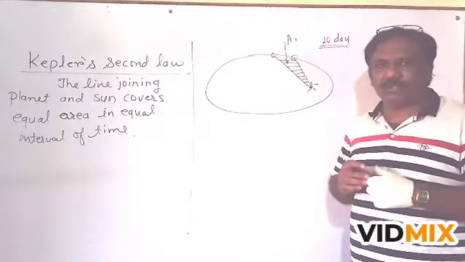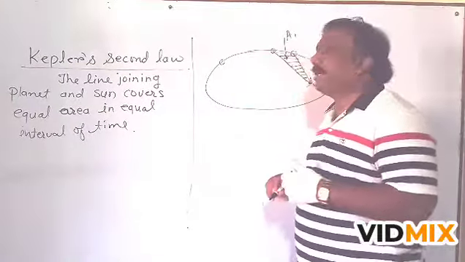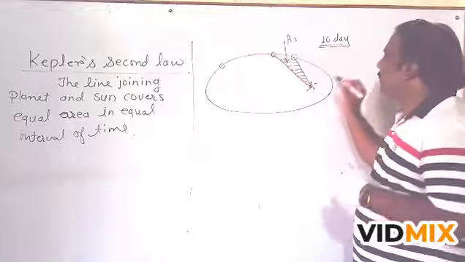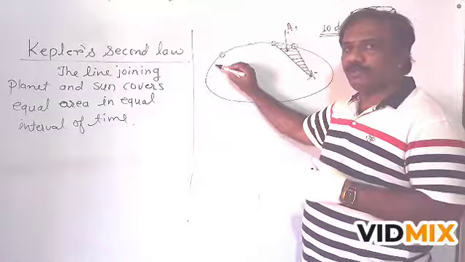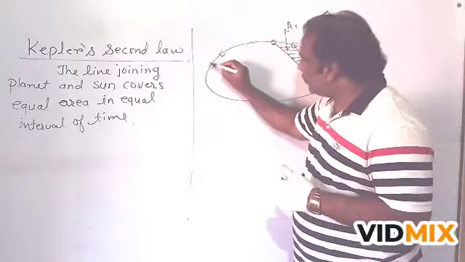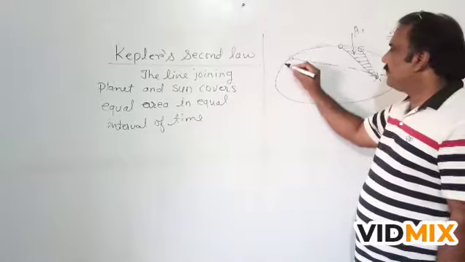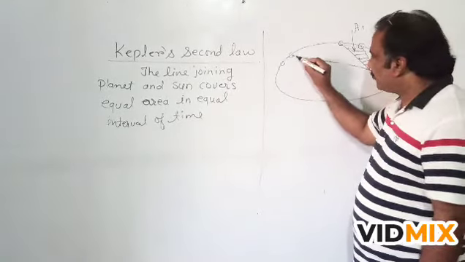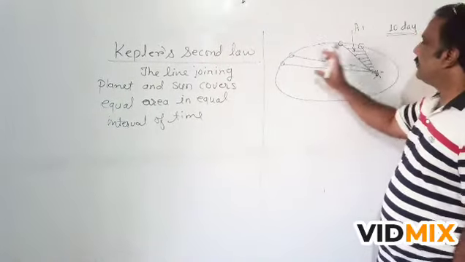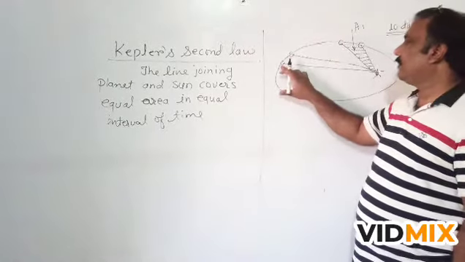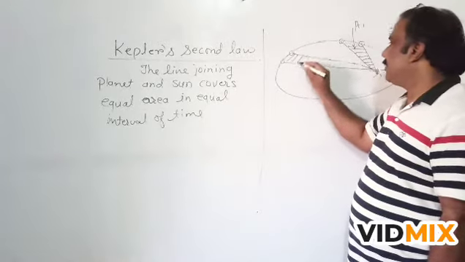Now consider another position of planet Earth. From this position, in 10 days, Earth will move up to that position, so that the line joining the Earth and the sun will sweep this much area.